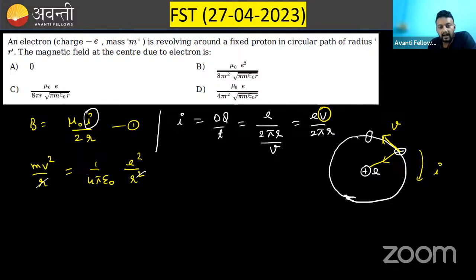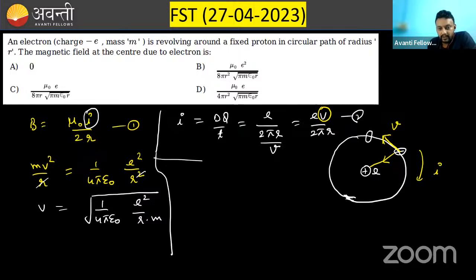One r can be cancelled, so v is equal to the square root of (1/4πε0) e² / (r m). This is our velocity. Now place this velocity in equation 2, and place that I in equation 1, and you will be done.